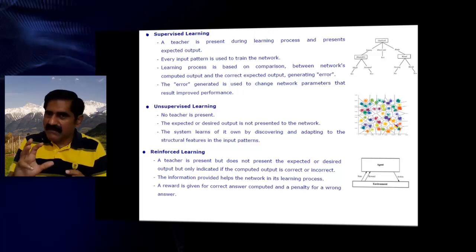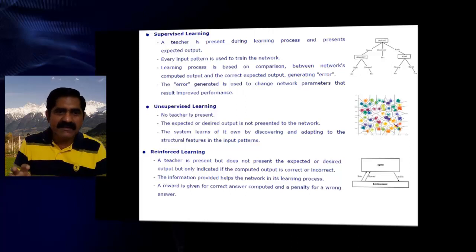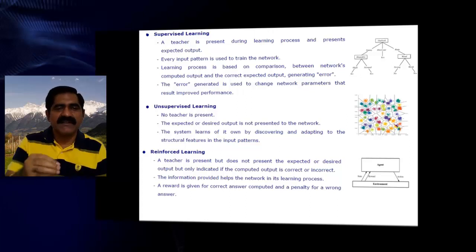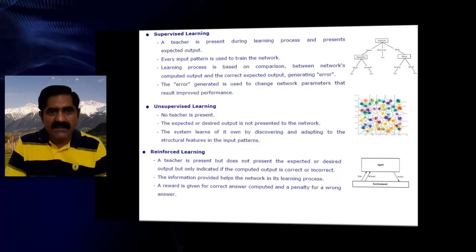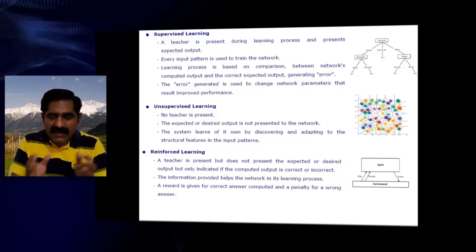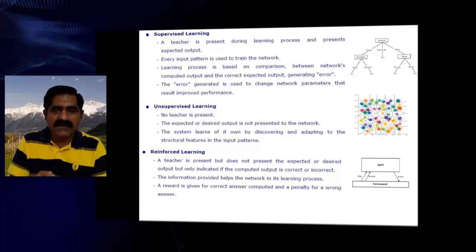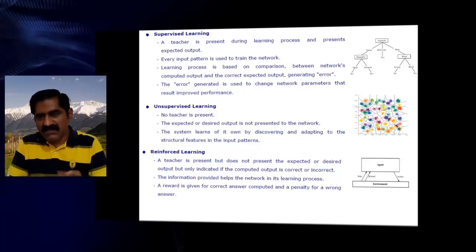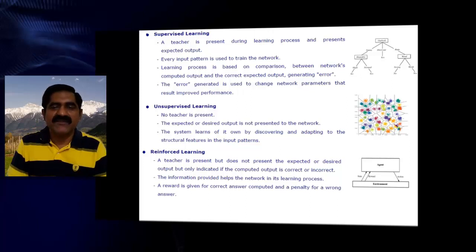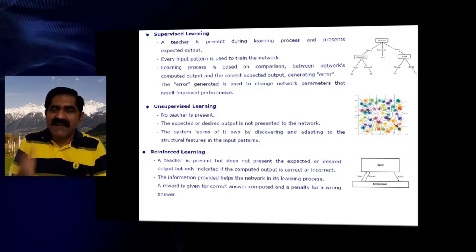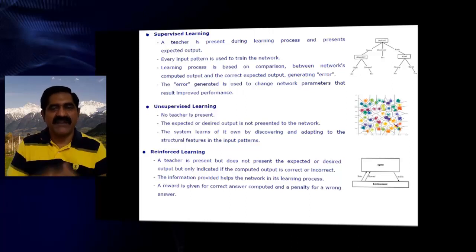Here the teacher is not giving any labeling. If you give a correct answer, he will give some reward. If you give a wrong answer, he will give a penalty. By seeing this reward and penalty, you are learning. That type of environment is called reinforced learning. So three different possibilities: supervised, unsupervised, reinforced learning.